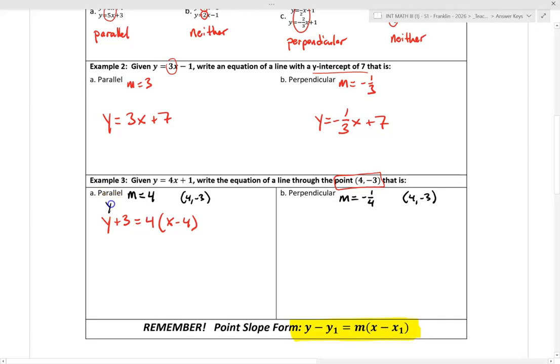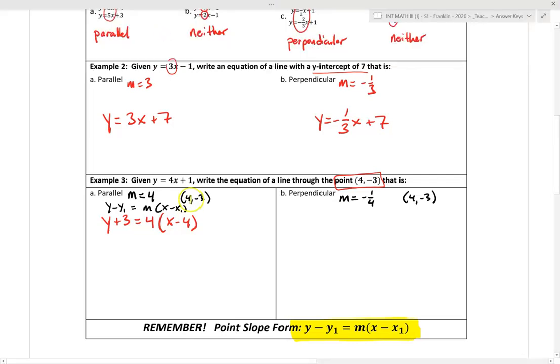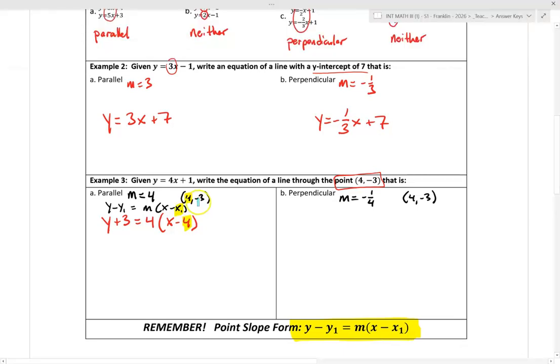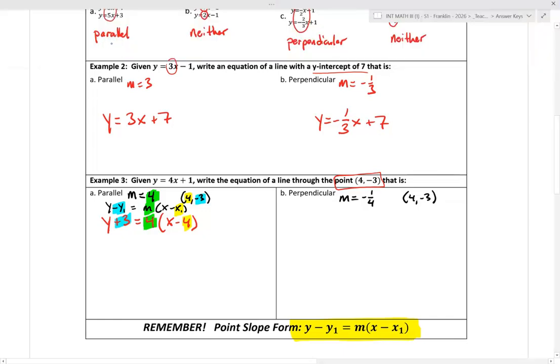Okay, so again, that was y minus y1 equals m times x minus x1. And so that 4 ended up here. That's x1, our x value. The negative 3 ended up here and became positive 3 because we had minus negative. And our slope is 4, ended up there. The other parts of this equation format don't change.